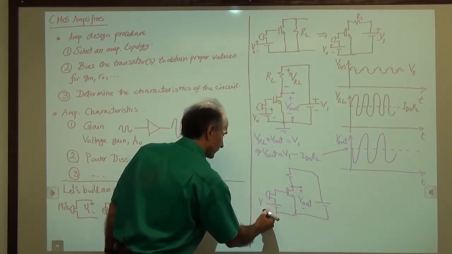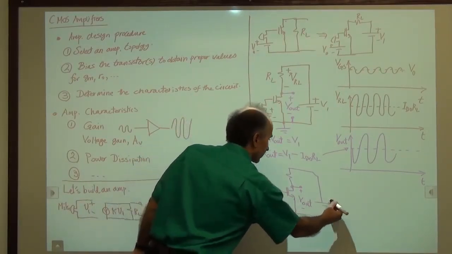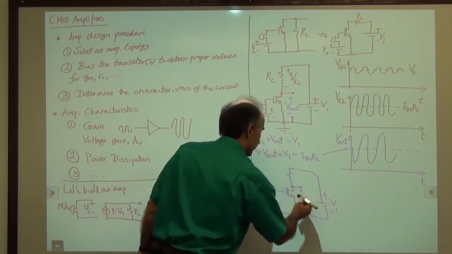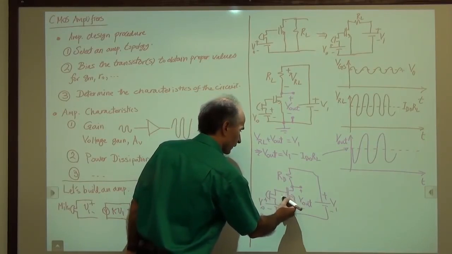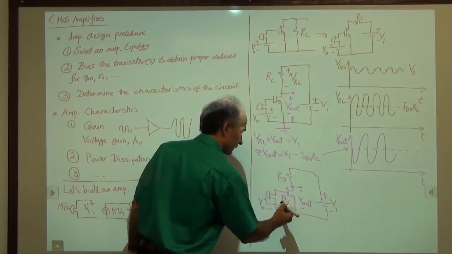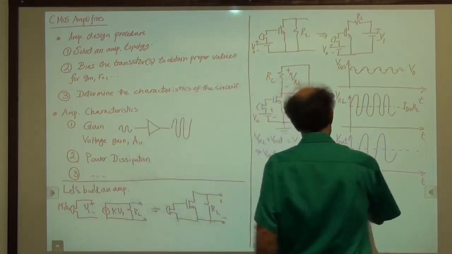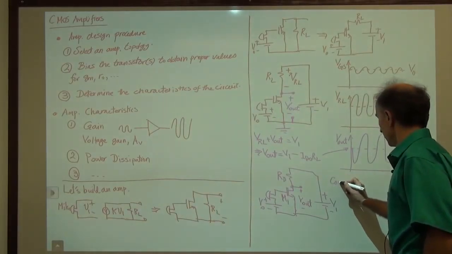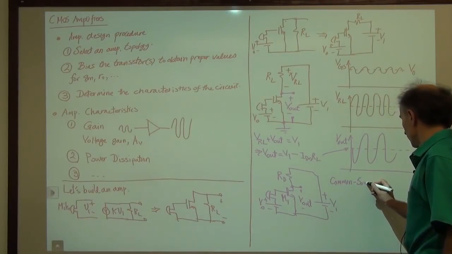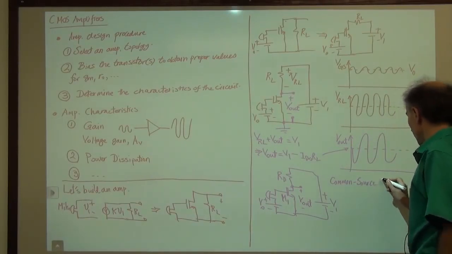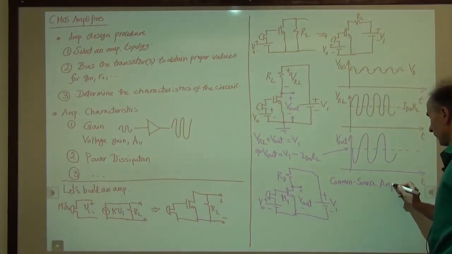And we have some bias voltages, V0, then V1, some resistor up here, and we might also call the transistor something M1 if you want. And this is called the common source amplifier or common source topology.